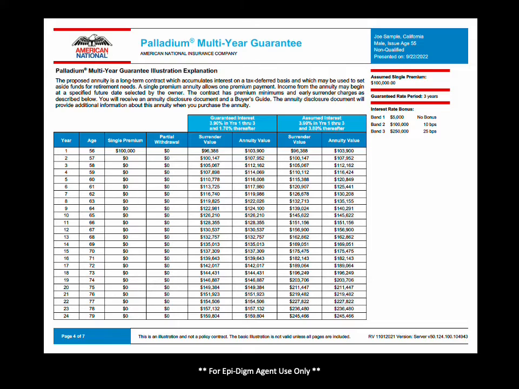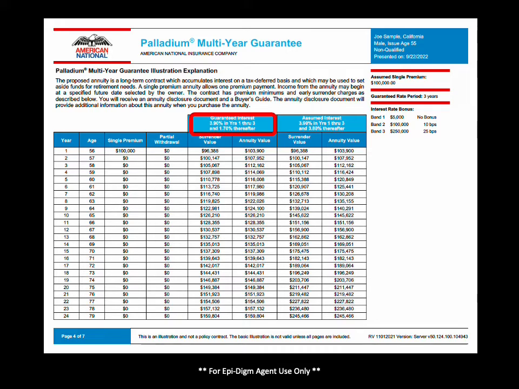So here's the actual illustration. Just like most annuity and life illustrations, the Any course multi-year illustration shows a guarantee assumption and a current assumption. The guarantee assumption is 3.9% for years 1 through 3.